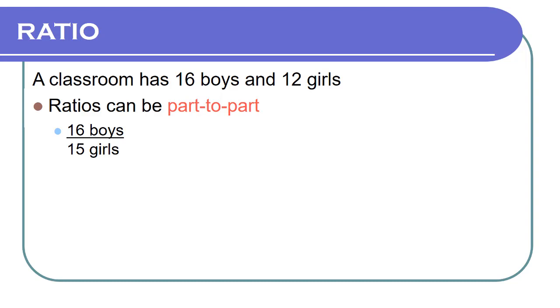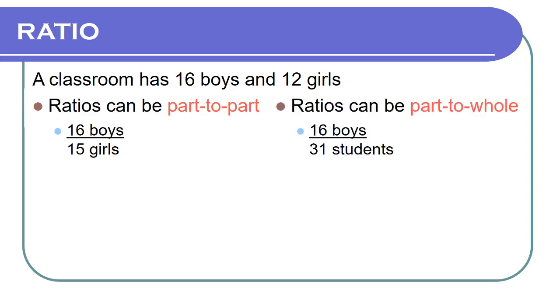So the ratio of boys to girls is 16 to 15. And then the ratio can be part to whole. It means that we compare the number of boys or girls to the number of all students. So here we have the ratio of boys to all students is 16 to 31.